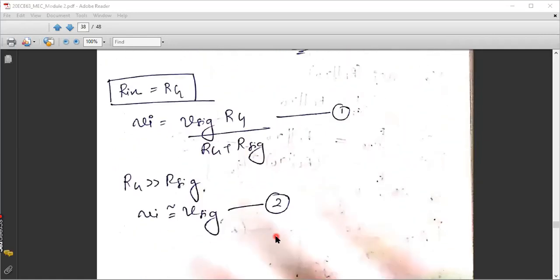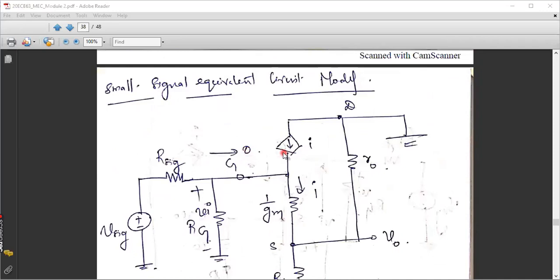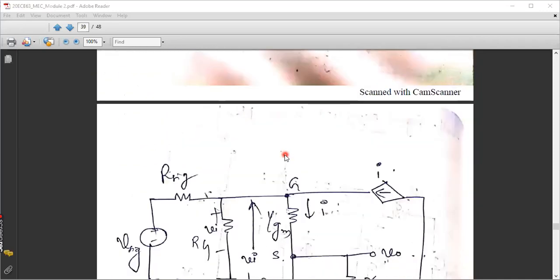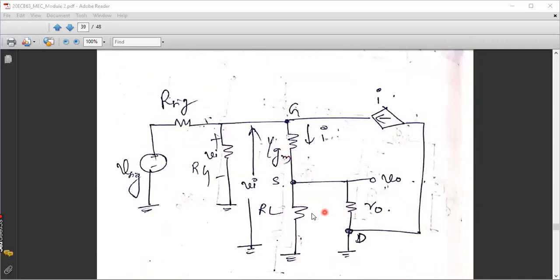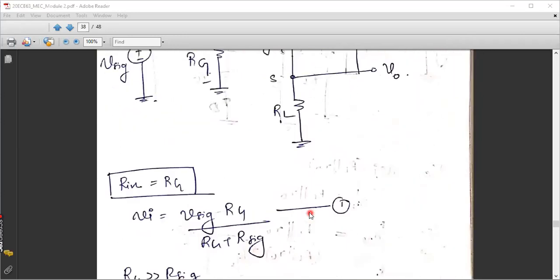Now, to find the voltage gain, we redraw this T equivalent circuit in such a way that I have kept RL and R0 parallel to each other. In this modified circuit diagram, we have kept RL and R0 parallel. Why?